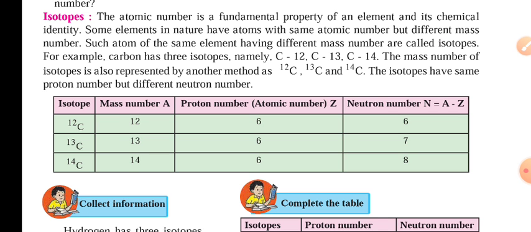Today we are moving ahead. The first thing we are going to study is the isotopes. As we have already studied about the atomic number, atomic number is a fundamental property of an element and its chemical identity.